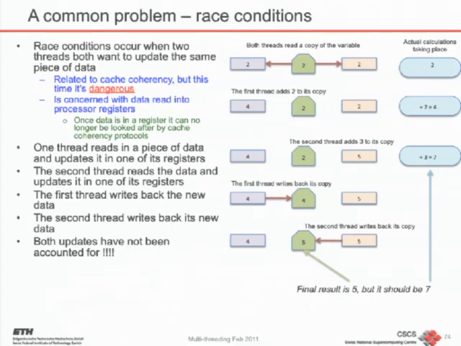This is one example. You could have got 5, you could have got 4, or you could have got 7. It's unpredictable. It's dangerous for that reason. This is something that you really have to be very aware of, and that's why you have to be aware of where you have to use atomic updates, critical sections, some of the things that are not just as simple as putting a do loop in.